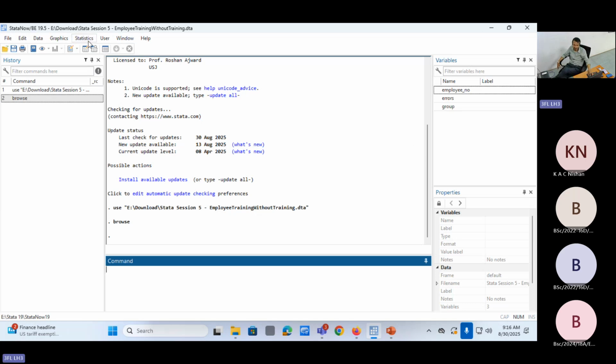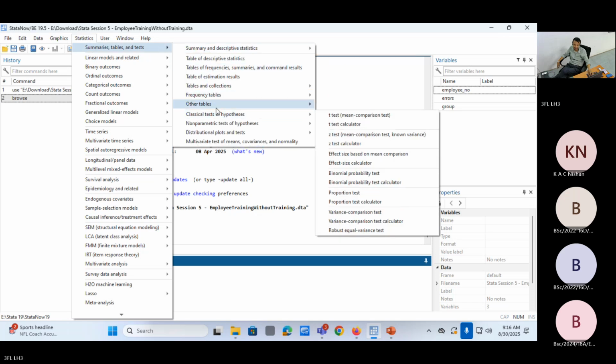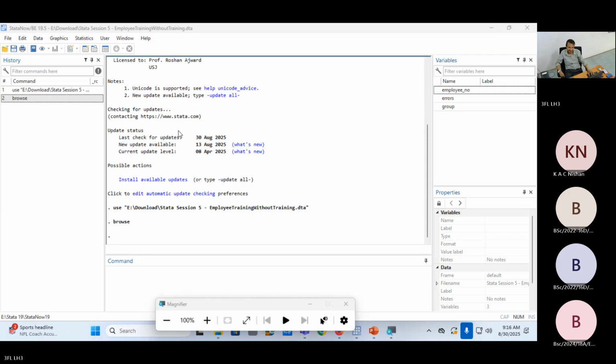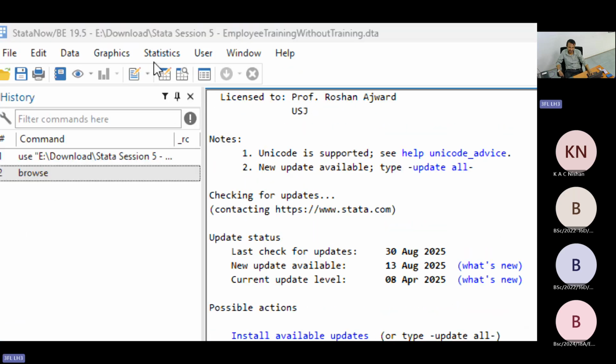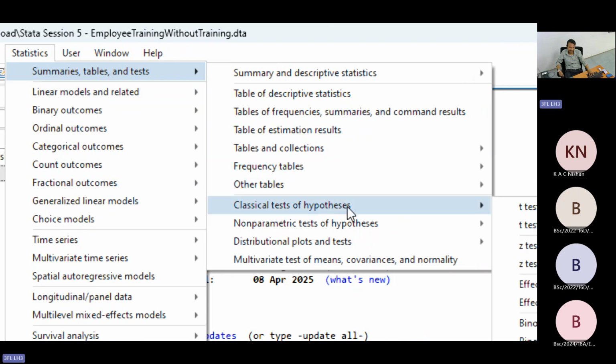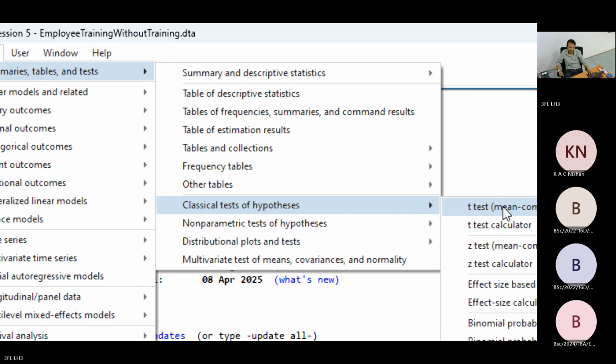First, open the correct file and go to Statistics, Summaries, tables, and tests, then Classical tests of hypotheses.